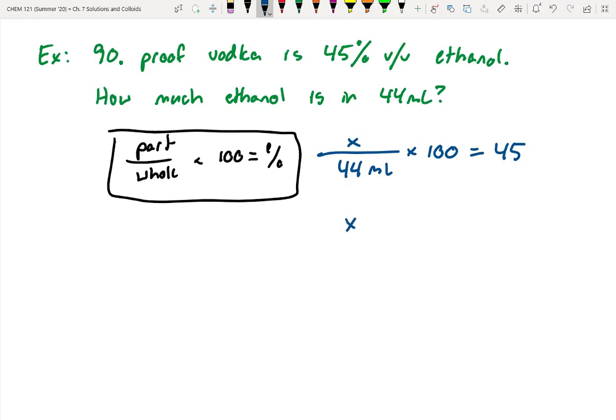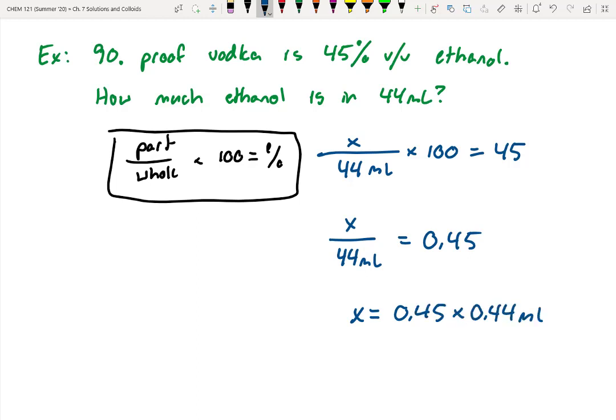So X over 44 milliliters is going to be equal to 0.45, and X is going to be equal to 0.45 times 44 milliliters. And let's go ahead and do this math really quick, which would come out to, let's see, 19.8 milliliters, but we can only have 2 sig figs here. So we would want to round this up to 20 milliliters exactly. So the decimal indicates that this is exact here.